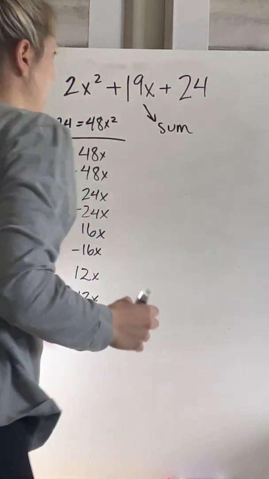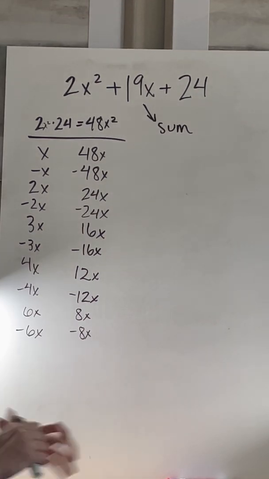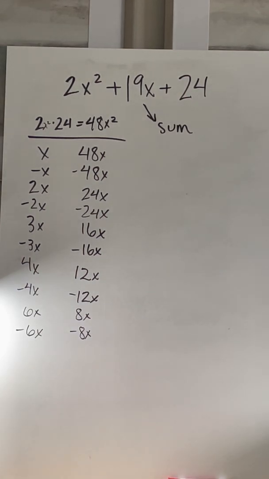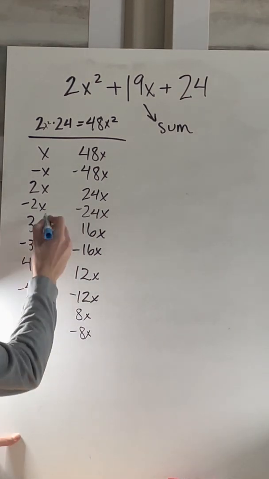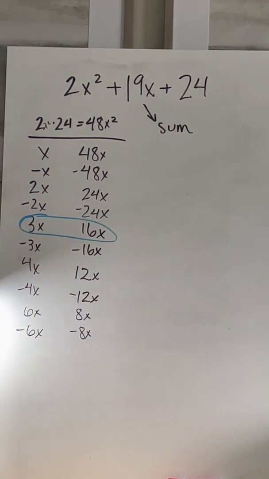So all of these work for our product, and our sum is going to be 19x. So what 2 multiples will add to get us 19x? Take a minute to try to find it. Hopefully you found it, but it's going to be these 2 terms right here, right? Because they multiply to give us 48x squared, and they add to give us 19x.